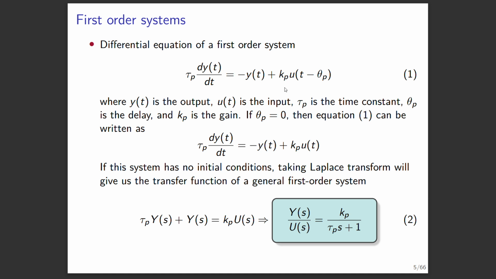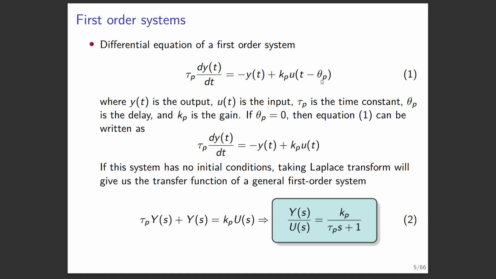But we also have another variable here, the input, or u. So we have an output, or y, we have an input, or u, and the output's derivative appears in the differential equation. There are a bunch of other parameters here too, like tau p, kp, and then theta p, which are just the parameters of this equation.